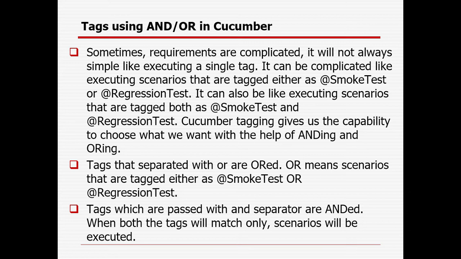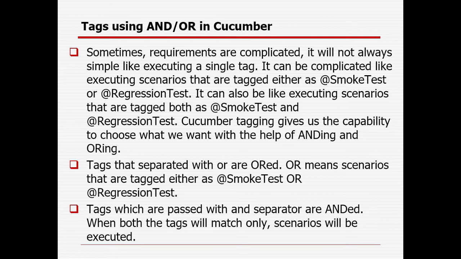Suppose there are 10 tags available, but you want to run some of the scenarios where either tag A or tag B is present. In case any tag is present, it will run. Apart from that, there can be a scenario where running with one tag alone is no use. Sometimes you want to run based on the application and the testing type, and in case both are positive only, then it will run.